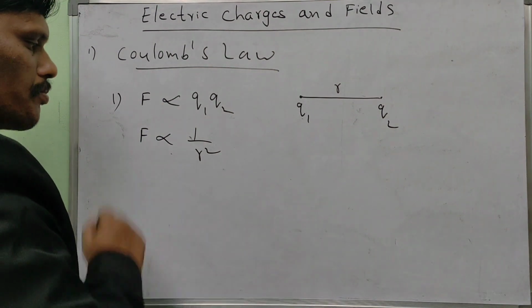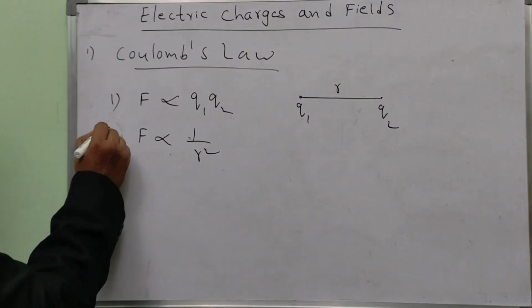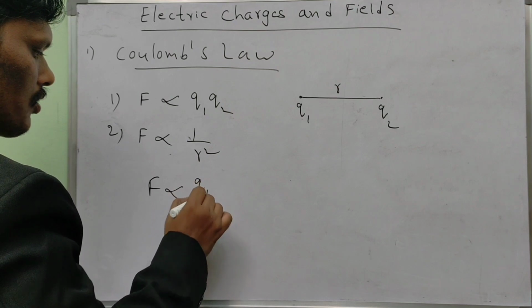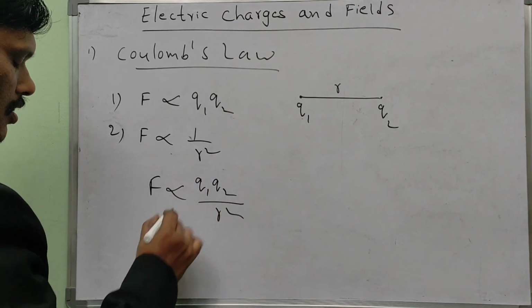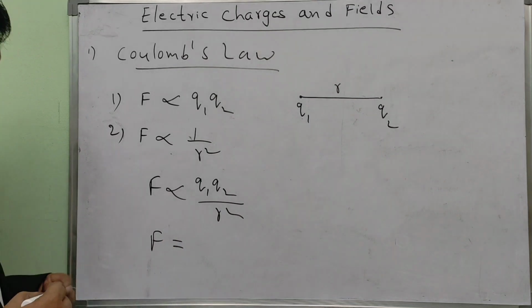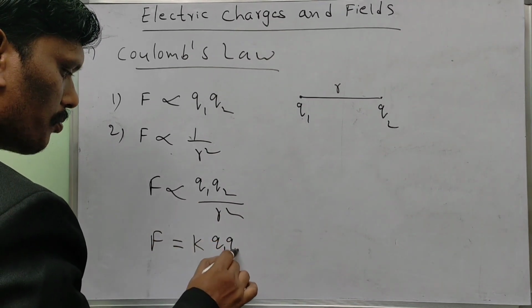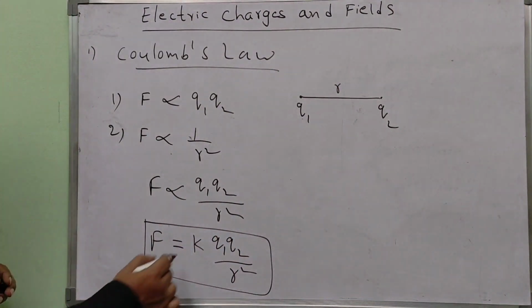Force is inversely proportional to the square of the distance between the two charges. This is the second one. By combining these two, we get q1 times q2 upon r square. By replacing the proportionality symbol with an equal sign, one constant will come into q1 q2 by r square.